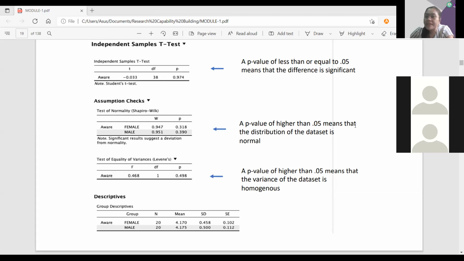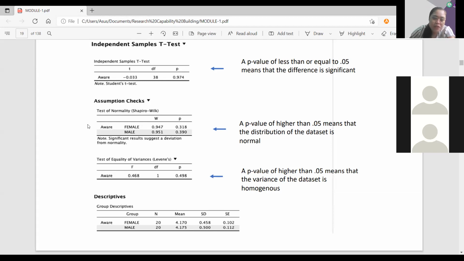Okay? Normally distributed daw yung collected data if the p-values given here per group are higher than 0.05. So let us see. For the female, that's 0.318. Yes, that is higher. So all the collected data for the female are normally distributed. And then for the male, it's 0.390. Yes, it's also higher than 0.05.